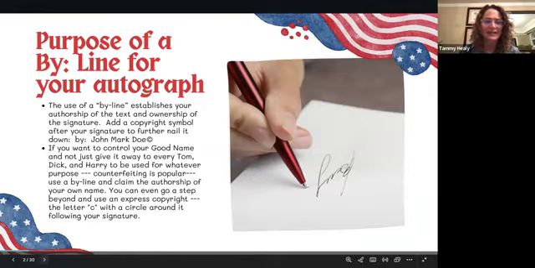The use of a byline establishes your authorship of the text and ownership of the signature. You add a copyright symbol after your signature to further nail it down. So, by colon John Mark Doe, of course the John Mark Doe is in cursive, and that is your unique autograph.